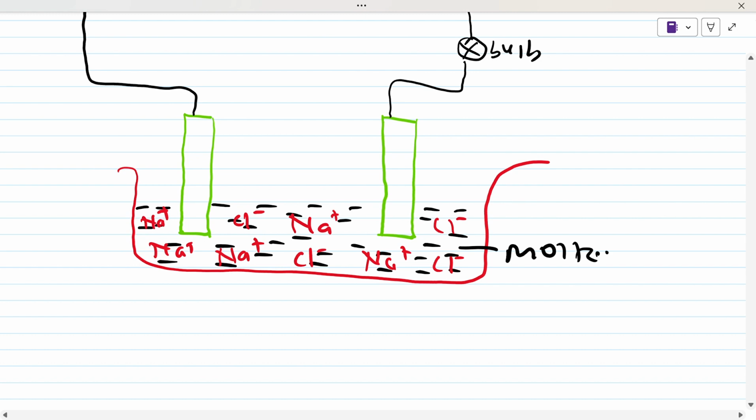So when dealing with molten sodium chloride, I have my ions in the electrolytic tank.